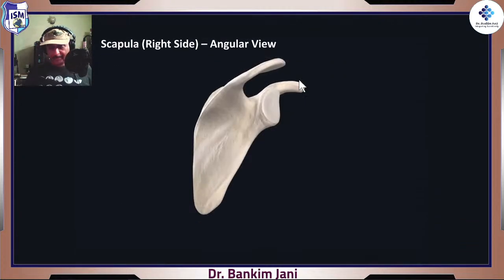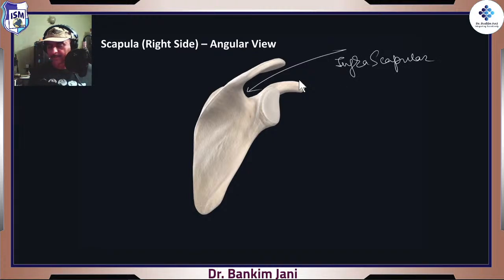Okay, now this is the angular view, just for one reason, and that reason is that previously you were watching the suprascapular notch, this is the infrascapular notch. Otherwise, this is the acromion process, coracoid process, this is the glenoid, and that's the body. This one would be the spine, supraspinatus, infraspinatus.